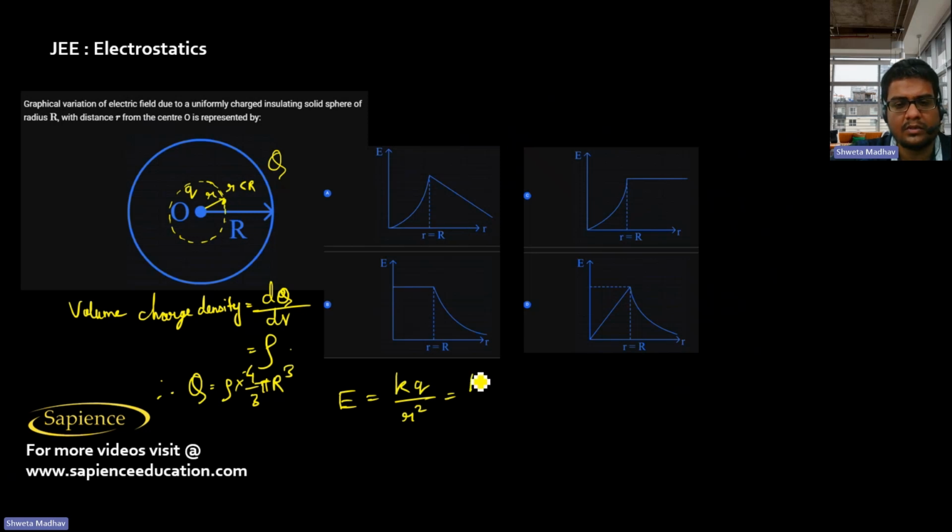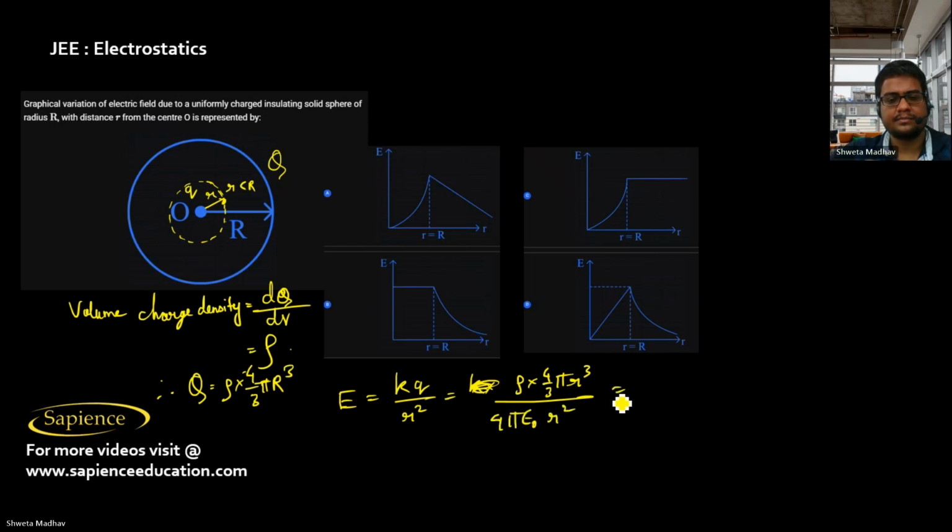So q will be equal to rho into 4 by 3 pi small r cube, divided by 4 pi epsilon naught into r square. Here r square will cancel, one r will remain, 4 pi will cancel, so it will come rho r by 3 epsilon naught.